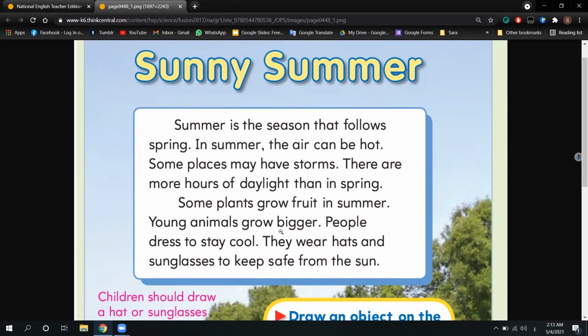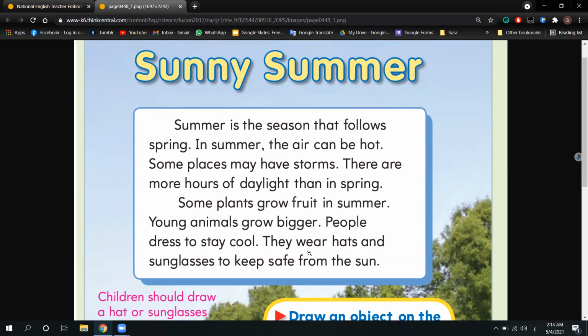Young animals grow bigger, and as I told you, in spring, the season that comes before summer, some animals give birth. So after giving birth, of course, they're going to get bigger during summer, right? And people dress to stay cool. In order to stay cool, you have to dress lightly. So you have to wear t-shirts, crop tops, and so on.